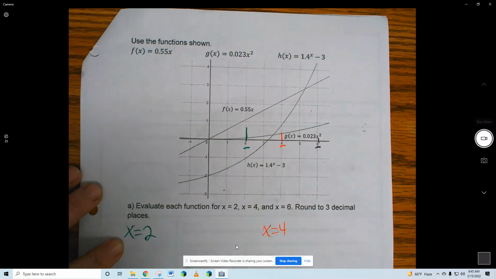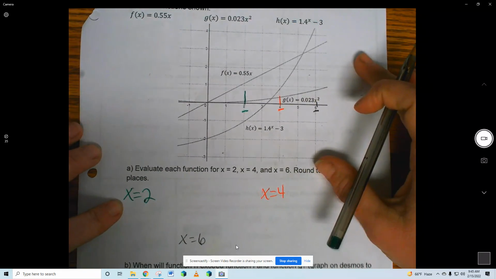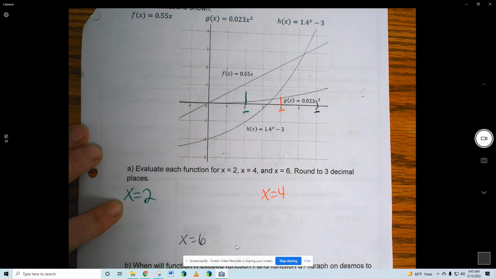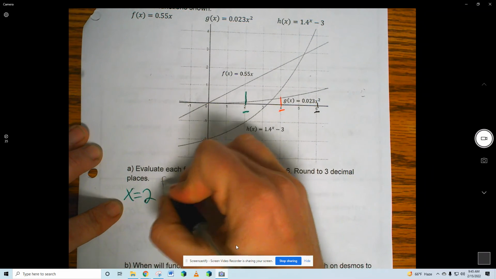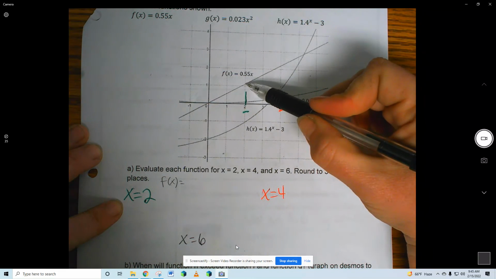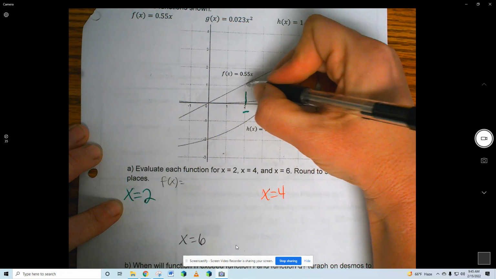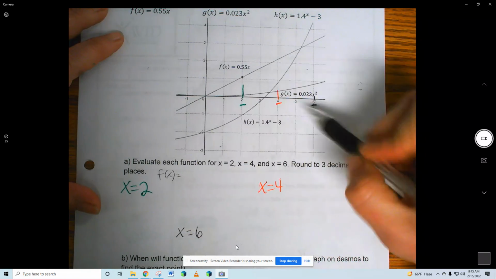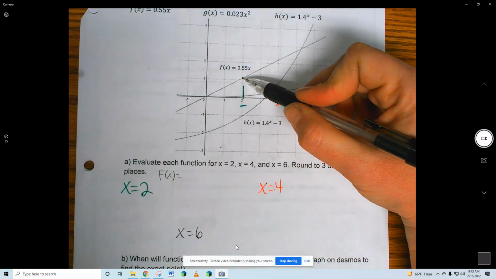You guys have your computer screen. F of x, this straight line, is what? What number is this approximately? Why don't you click on it with your mouse, please? What is this point right here? When x equals 2, how high do I have to go to get to the straight line?